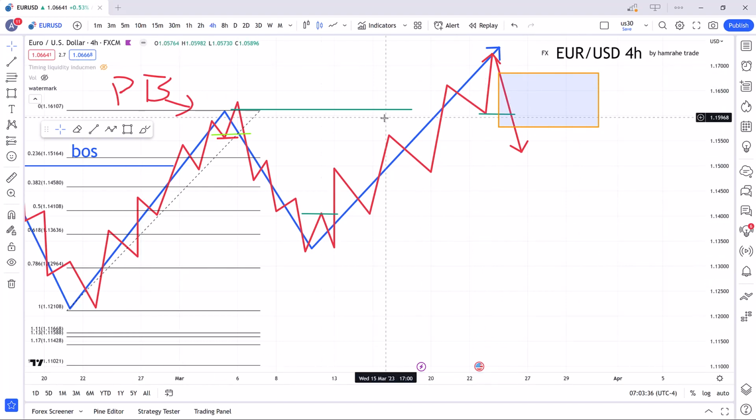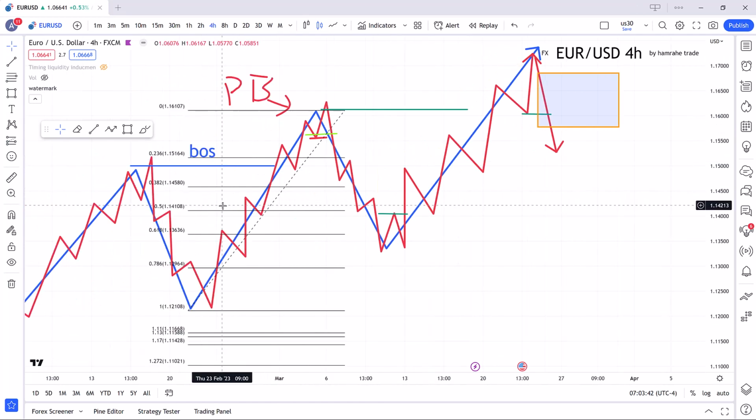Before that, let me explain why these concepts are important. First of all, you can't find any other kind of concept that is going to provide you the start of a pullback with this precision. So after a break of structure, we wait for the minor pivot to start to sell the market.